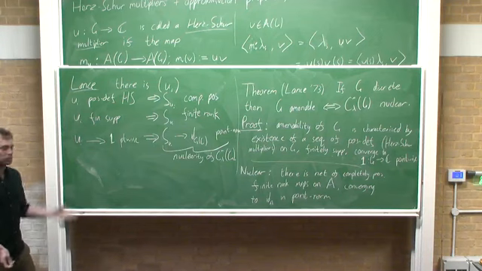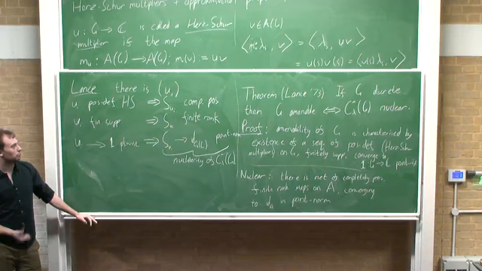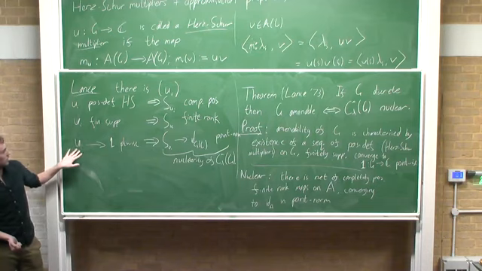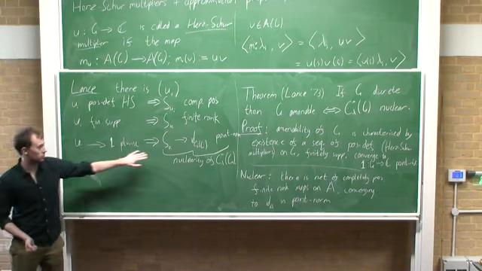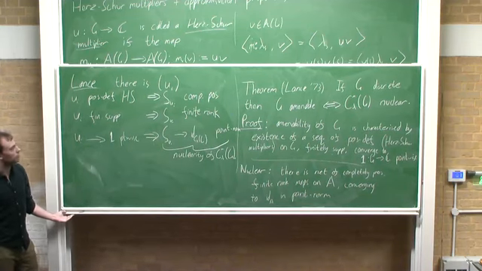So what I've been trying to get at here is that I said at the start that we wanted to link properties of the group to properties of the reduced C-star algebra, and it seems like this connection through the Herz Schur multipliers is a good way of doing that.